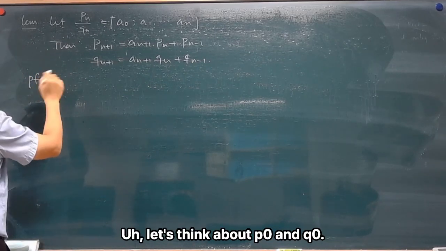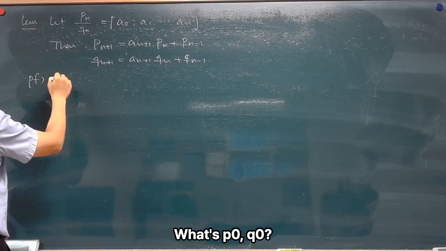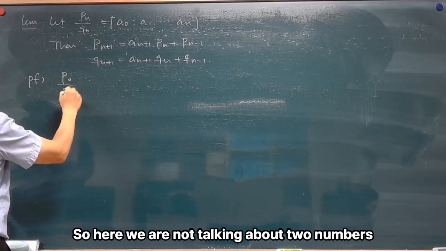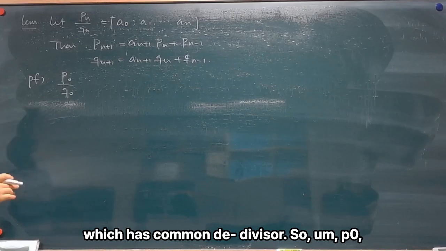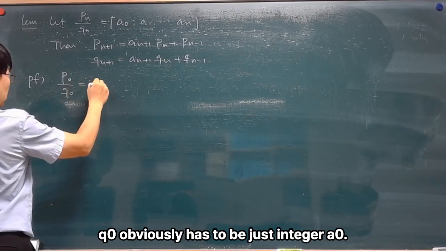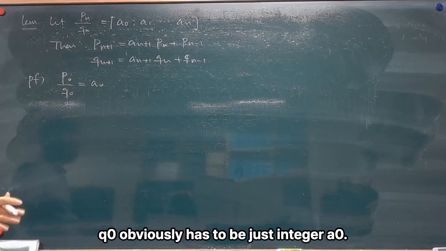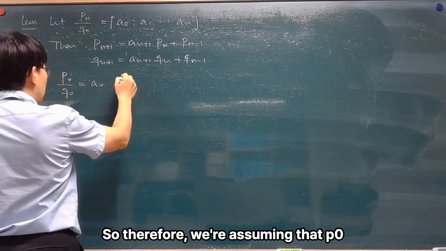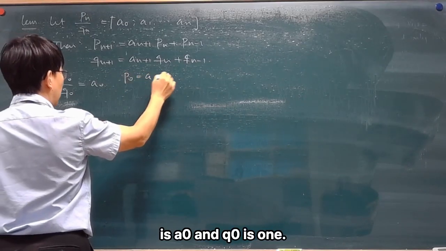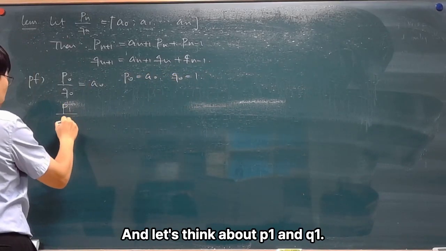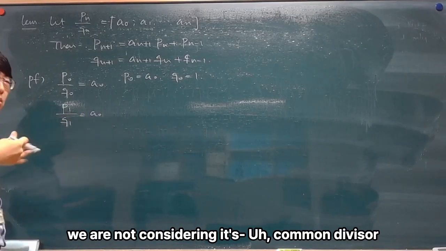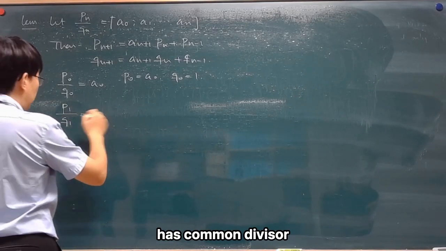First, let's think about P0 and Q0. What are P0 and Q0? Here, we're not talking about two numbers which have a common divisor. So P0 over Q0 obviously has to be just the integer a0. Therefore, we're assuming that P0 is a0 and Q0 is 1. And let's think about P1 and Q1. Again, we are not considering a common divisor.